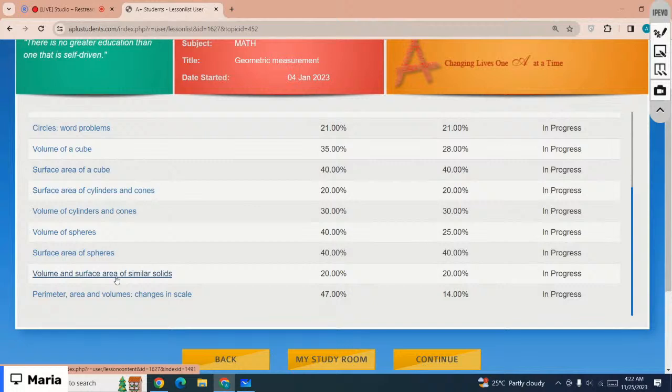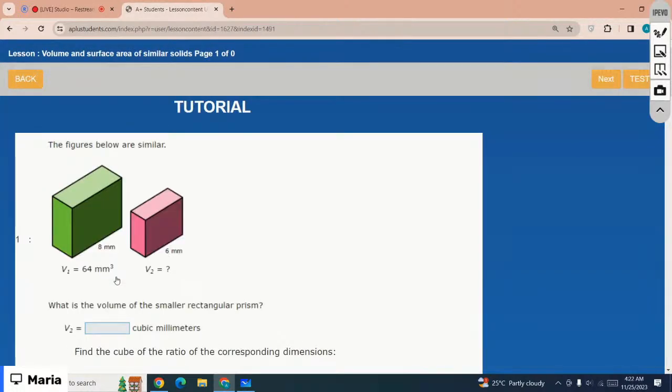Okay, now we are given similar solids, right? We have to calculate their volume and surface area. Let's just look at this example.